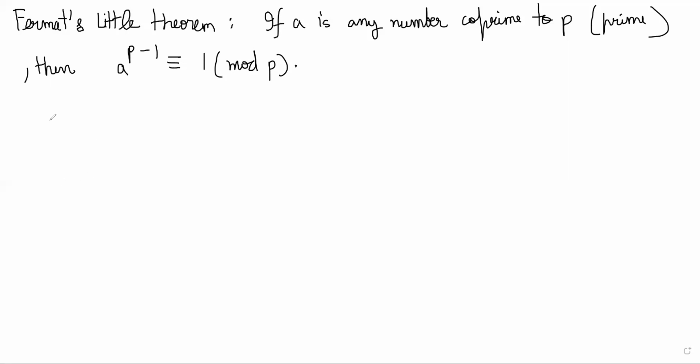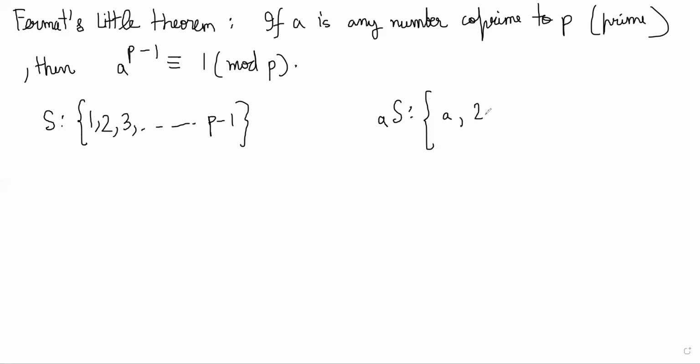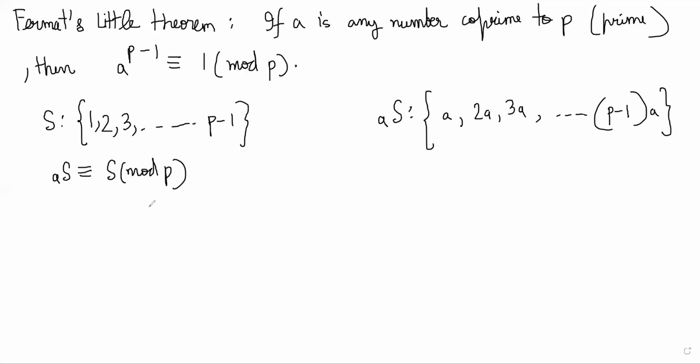So what is the set S for P? It is the set of 1, 2, 3 till P minus 1, right? So if we construct the set AS, AS set would be A, 2A, 3A, and P minus 1 times A. Now we know that AS is congruent to S mod P, right? From the previous theorem.